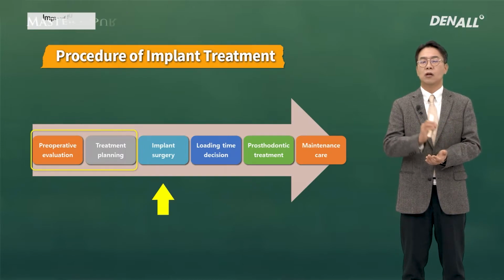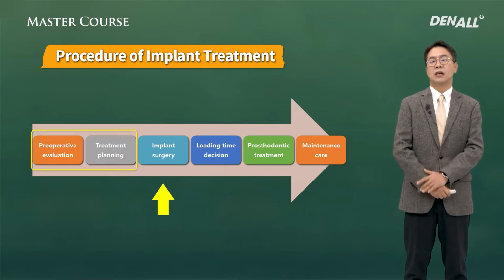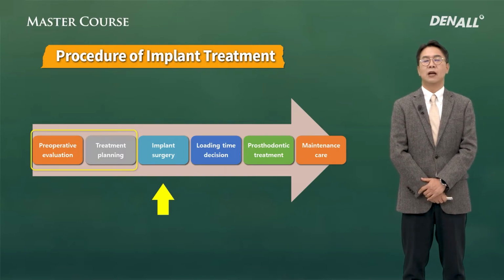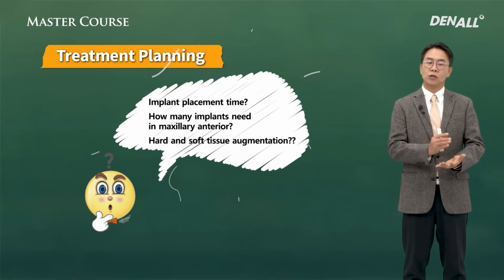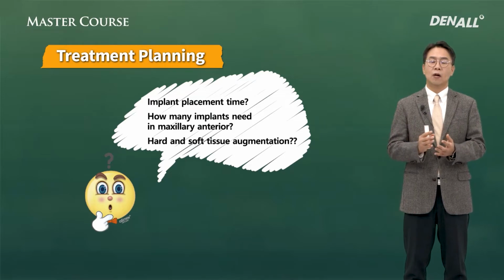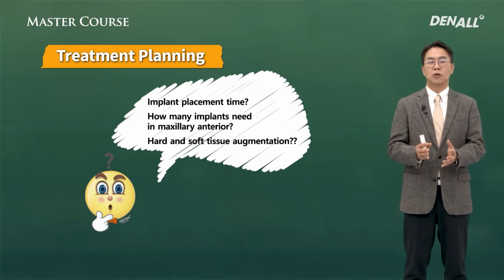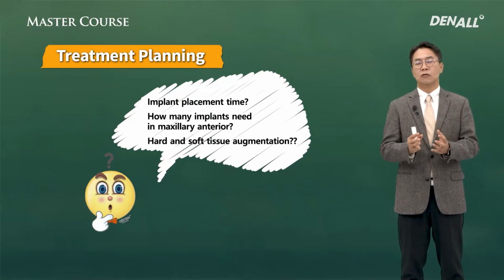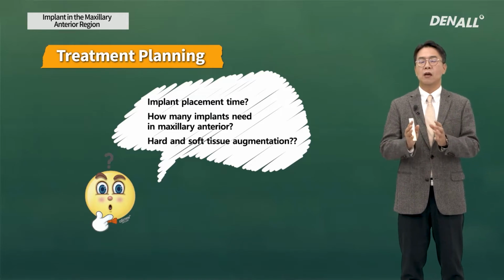Based on that, the surgery should be conducted to achieve a very aesthetic outcome. In general, when we establish implant planning, we need to decide the placement time, how many implants are needed, and whether hard or soft tissue augmentation is necessary. That should be in the treatment plan.